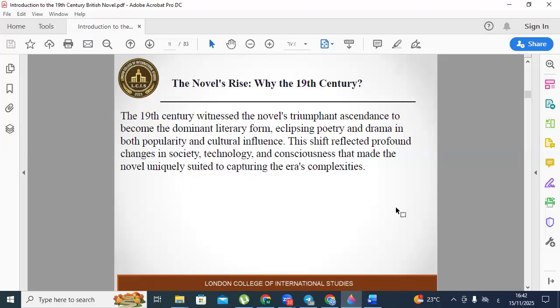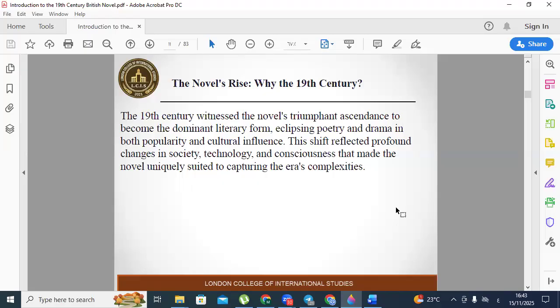The shift also reflected changing patterns of literacy and leisure. More people could read, and more people had leisure time for extended reading. The novel's length, which might seem like a disadvantage, actually suited middle-class readers who wanted substantial entertainment and instruction.